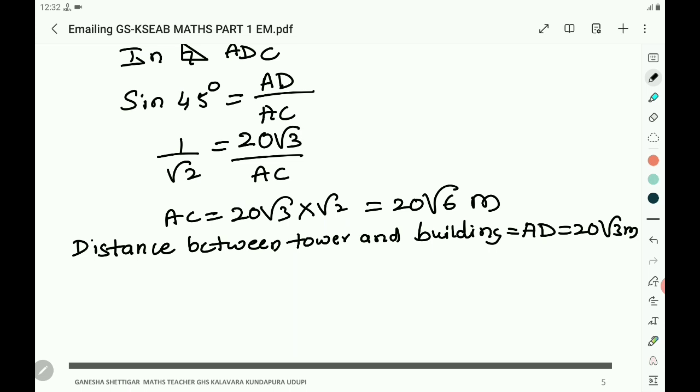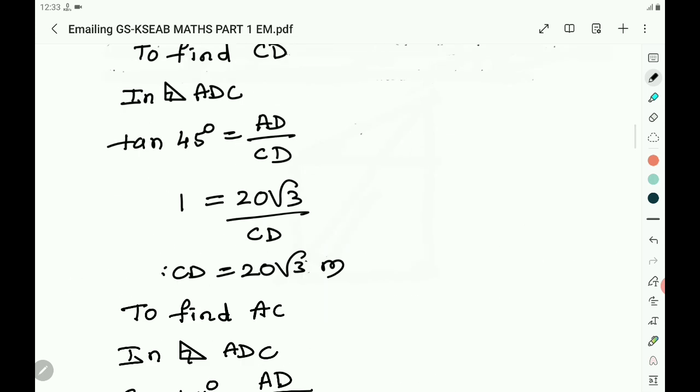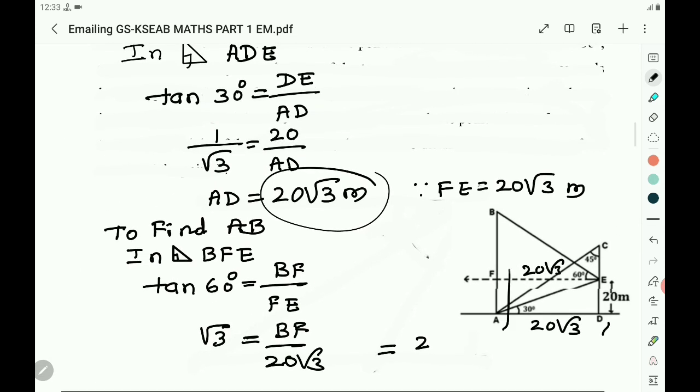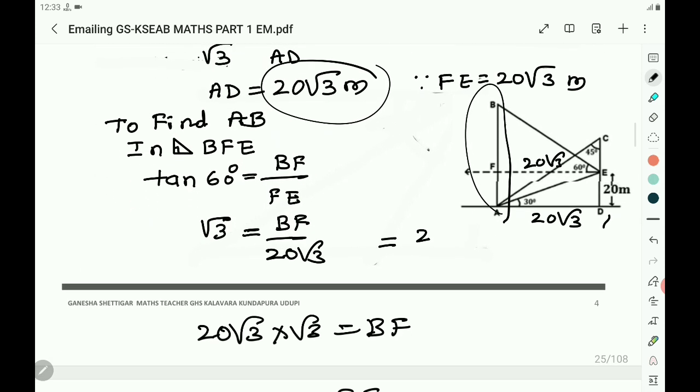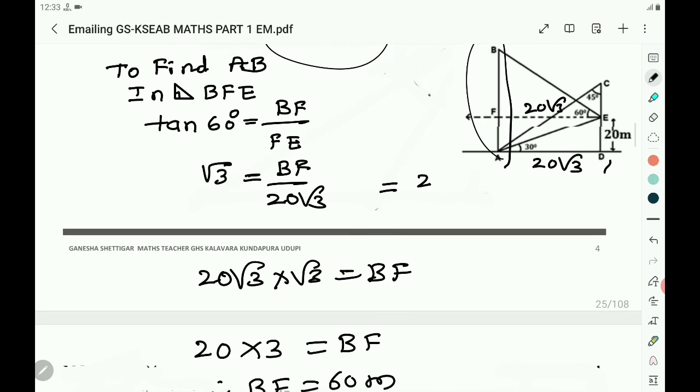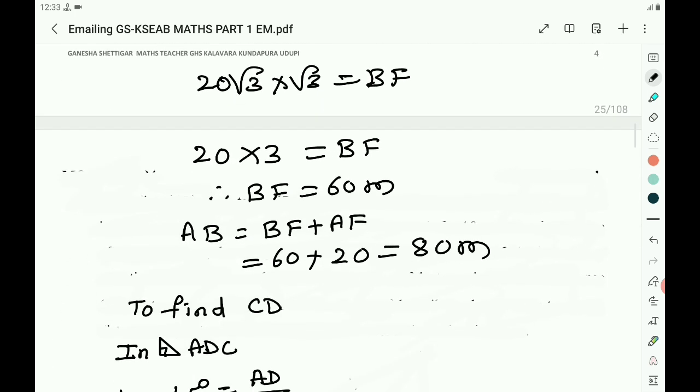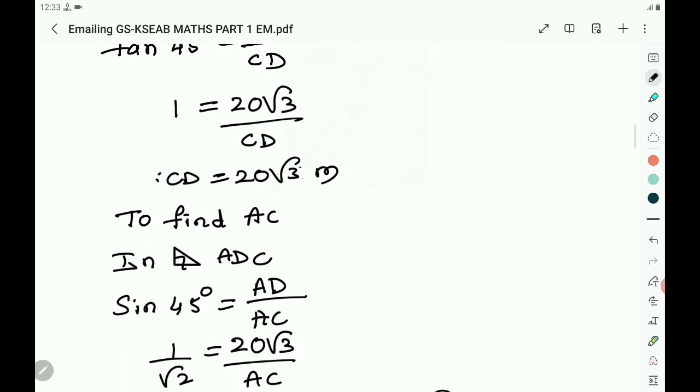Then the second one, height of the tower. Height of the tower is AB. AB is equal to what? Here AB is equal to 80 meter.